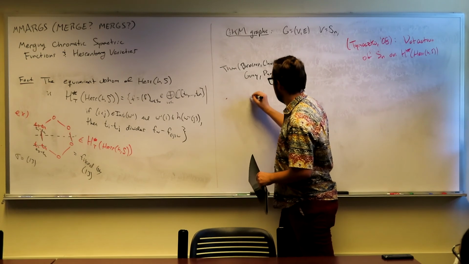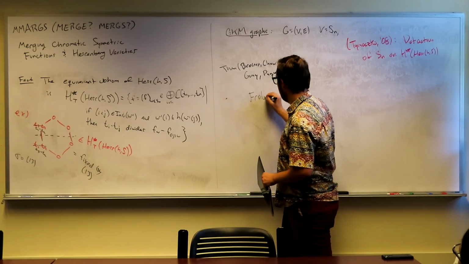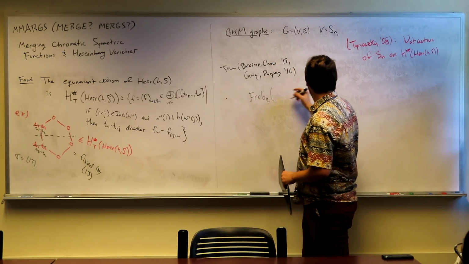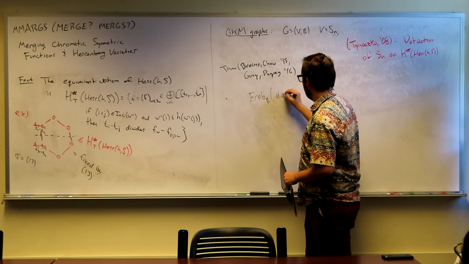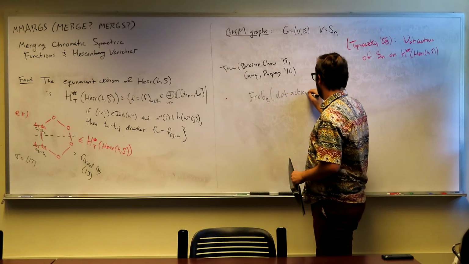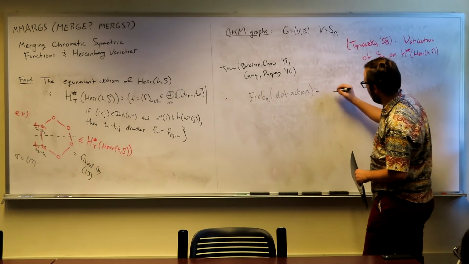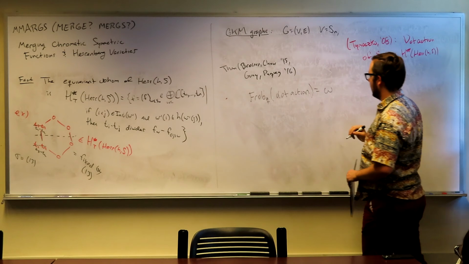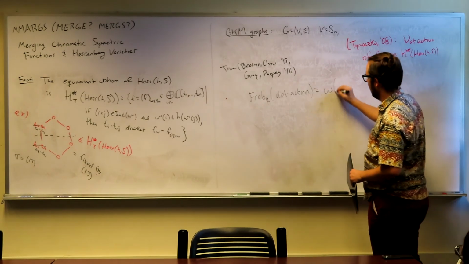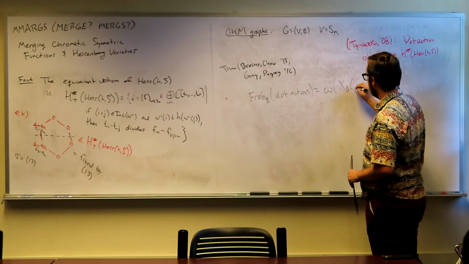It says that the graded Frobenius image of this representation, the dot action, is the symmetric function involution omega applied to the chromatic quasi-symmetric function.